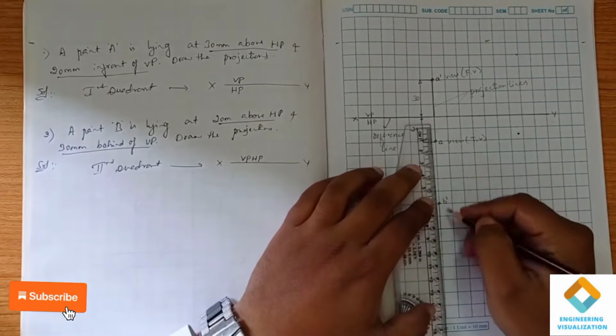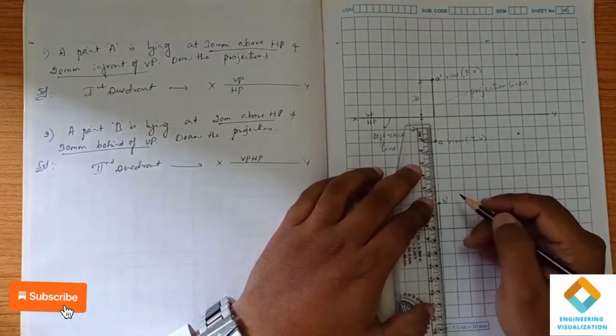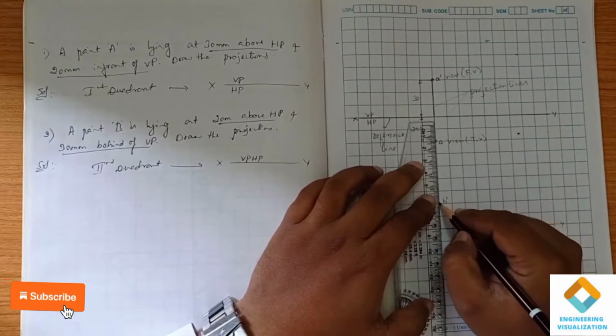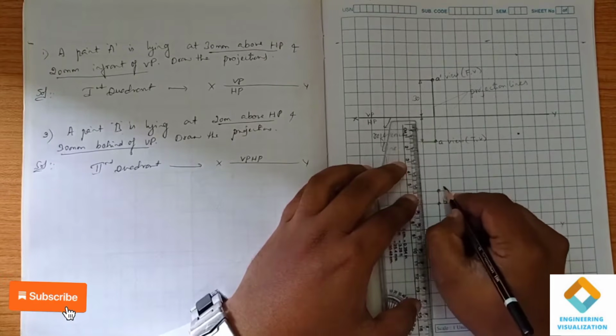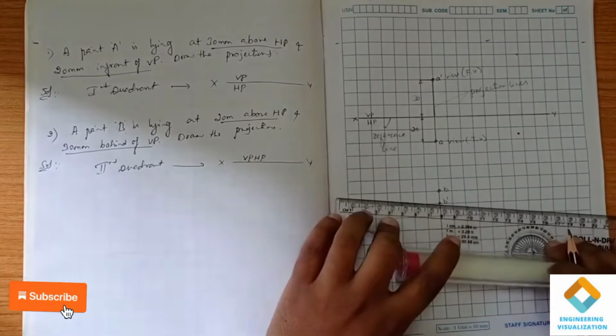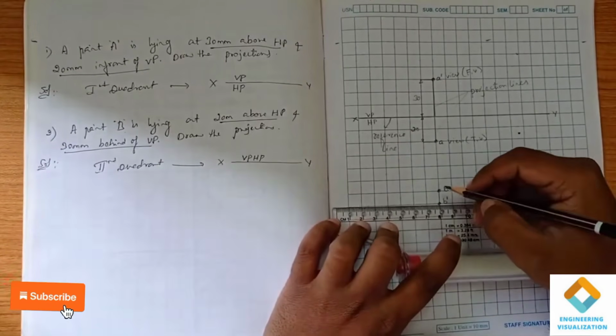We know that all these views are falling on the same collinear line. I'll be extending 10 mm, so it will become 30. This is top view. Now we will show the dimension line.